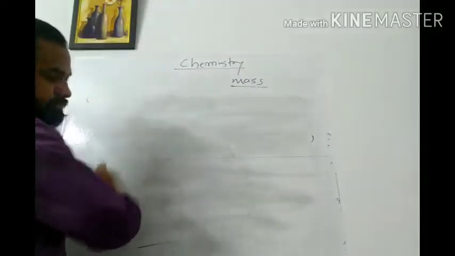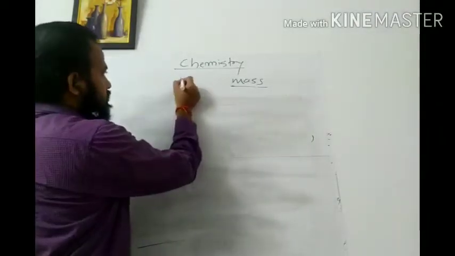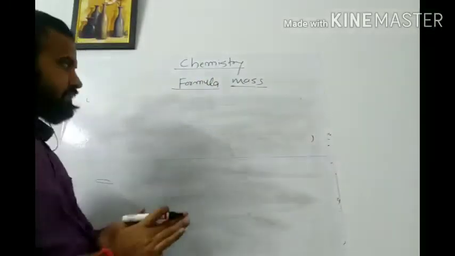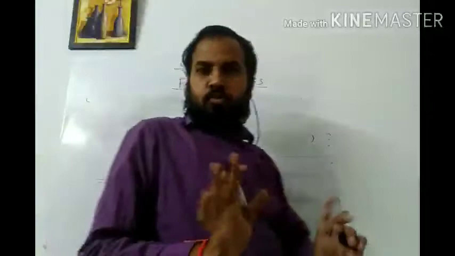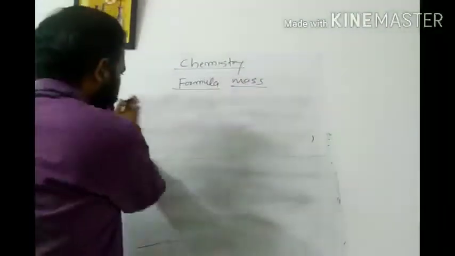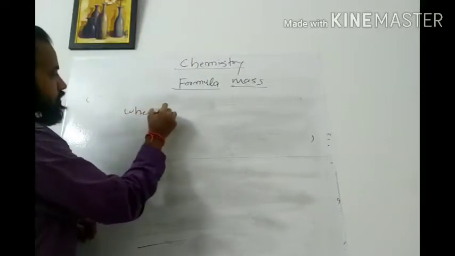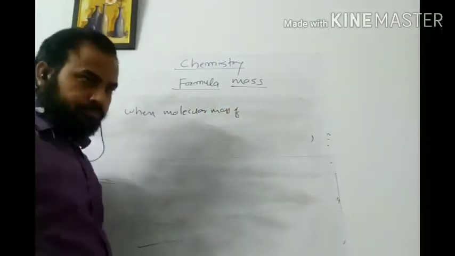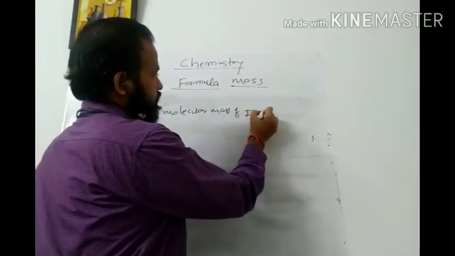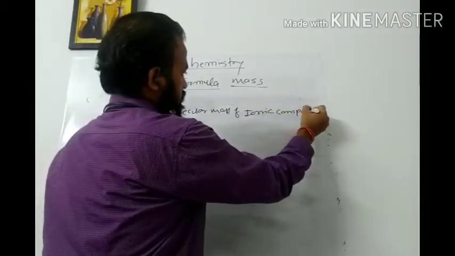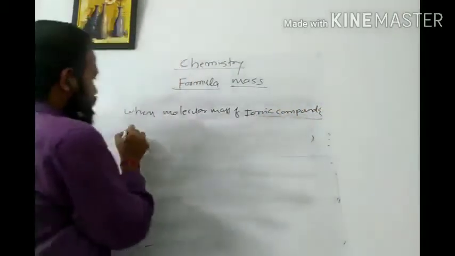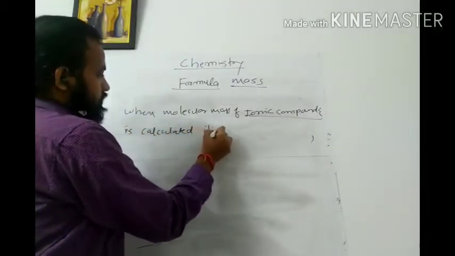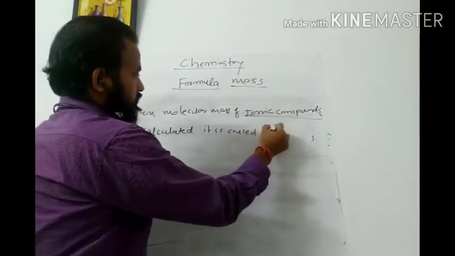The next concept is formula mass. Basically, formula mass is similar to molecular mass, but when the molecular mass of ionic compounds is calculated, it is called formula mass.